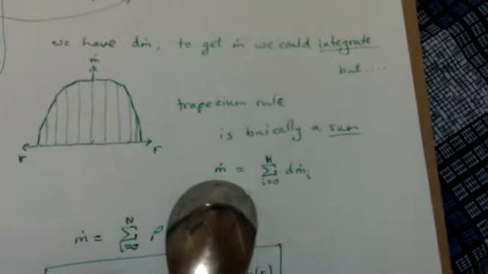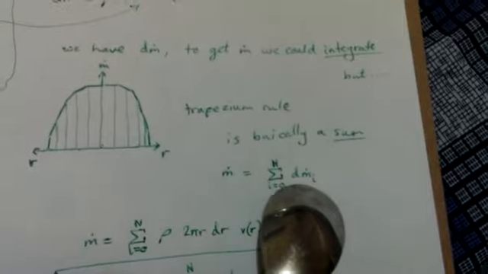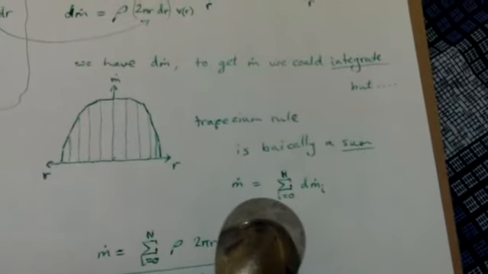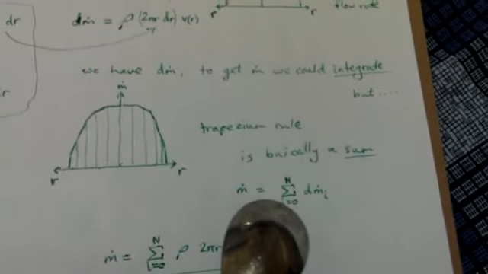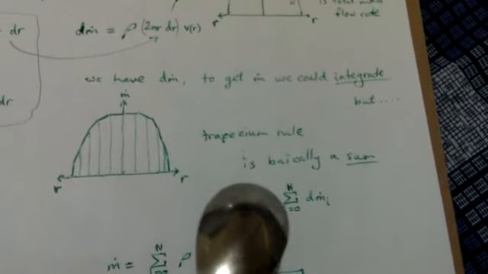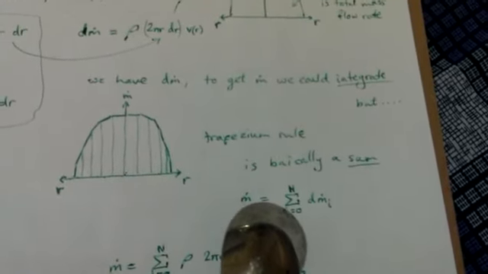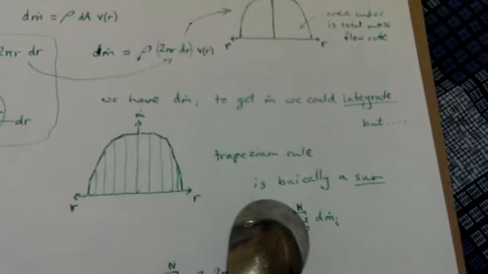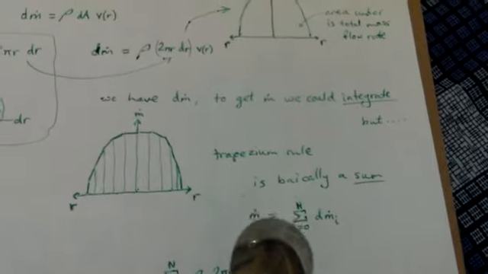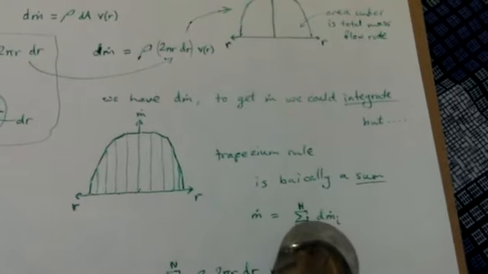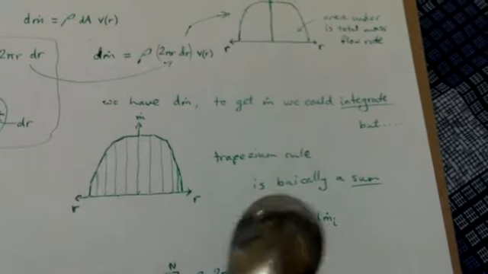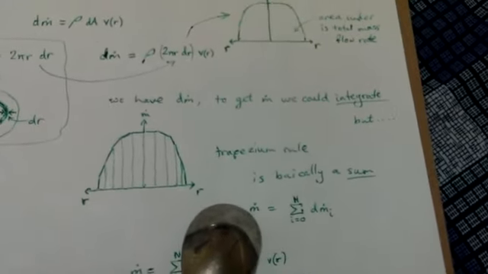This little equation here is saying that the sum of the difference in mass flow rates at each i, where i is basically each of the readings you're taking. So for this reading, for example, i1, i2, i3, reading 1, reading 2, reading 3, going all the way up to the number of readings that you've taken. You sum all the different ones that you've taken, and that will give you the mass flow rate.